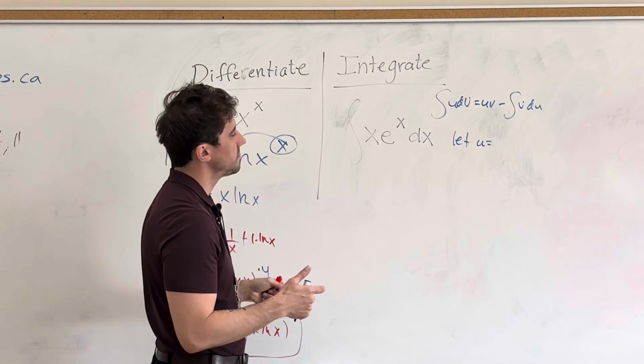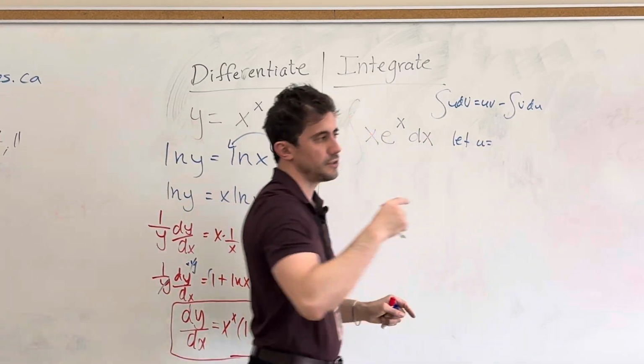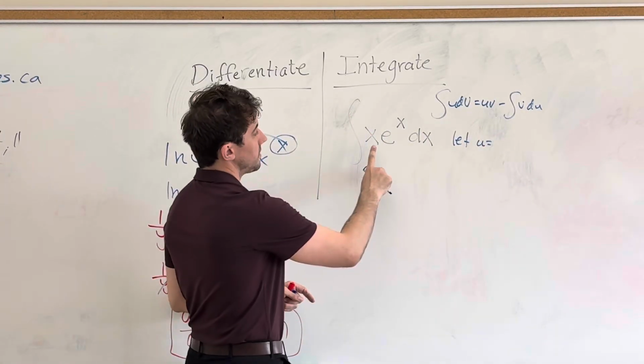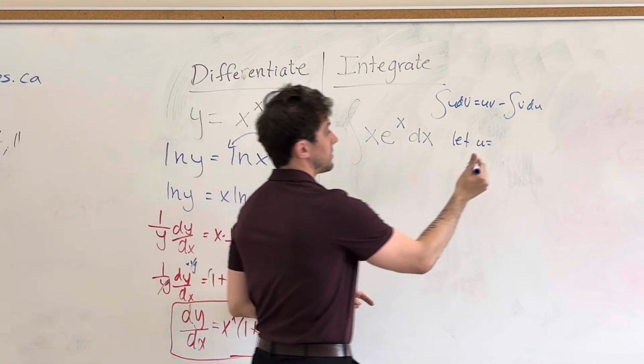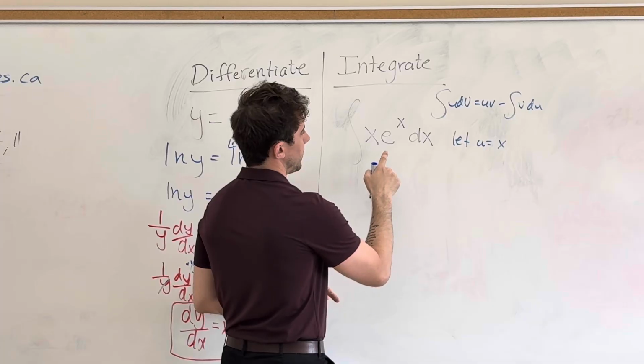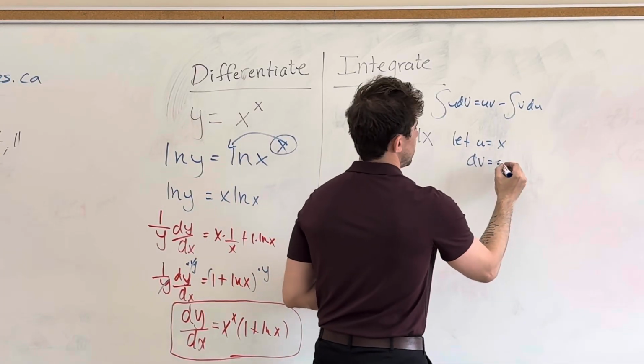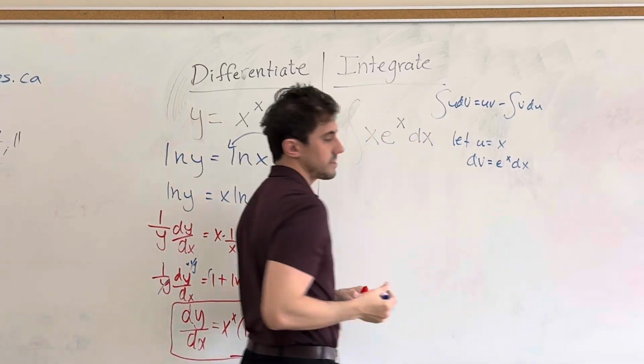But generally speaking, I know I'm going to have to differentiate the u, so I do like the u getting simpler every time. So I'm going to let u be just x, okay? And then I will let dv be e to the x dx.